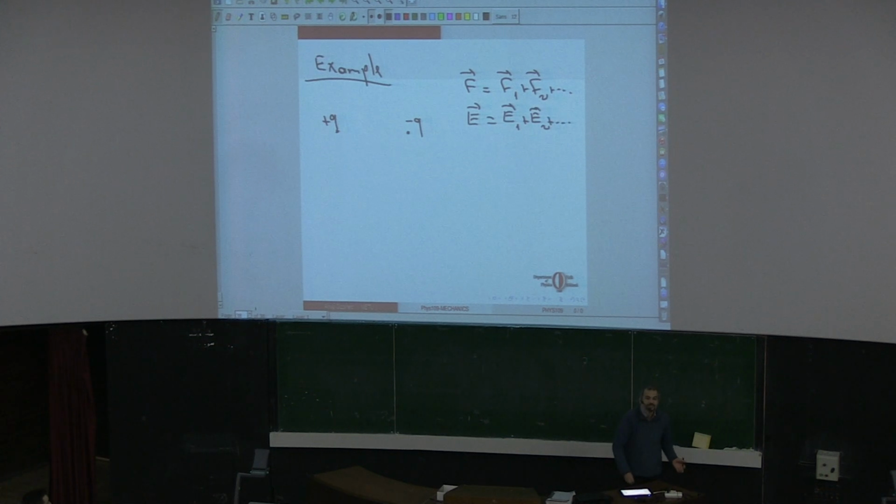Now we already know the electric field of a point charge. Now we have 2 point charges, one positively charged, one negatively charged. Now we can talk about the electric field at every point. Now let's just choose some sample points to get an idea about the direction of the electric field line. Now at this point, what is the direction of the electric field?